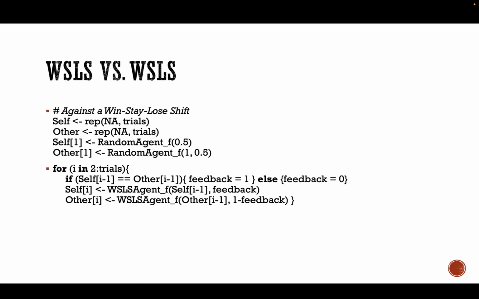Then we loop through all the trials from the second, and we say that if the previous choices were the same, feedback is equal to 1, otherwise feedback is equal to 0. And then our reference agent is going to use their previous choice and the feedback, and the other agent is going to use their own previous choice and 1 minus feedback. Again, because if the reference agent won, they lost, and vice versa.